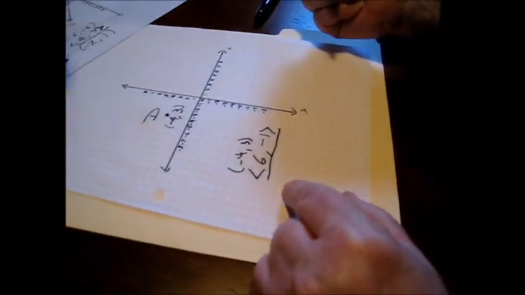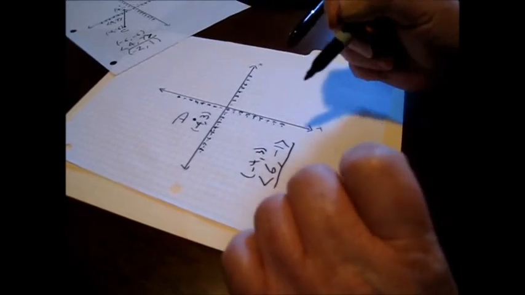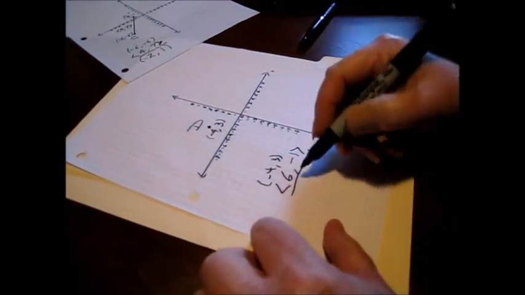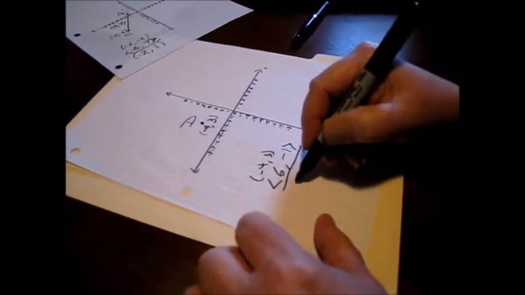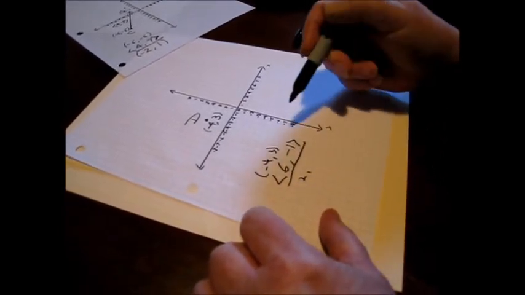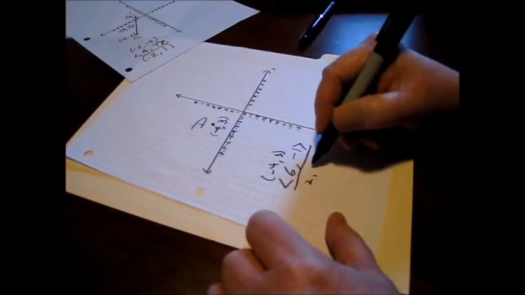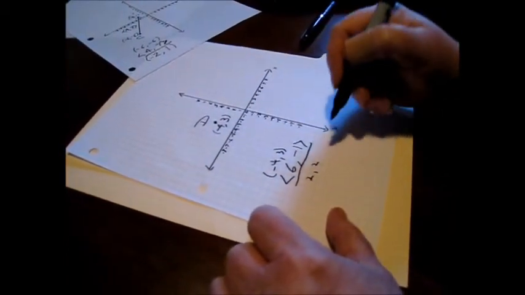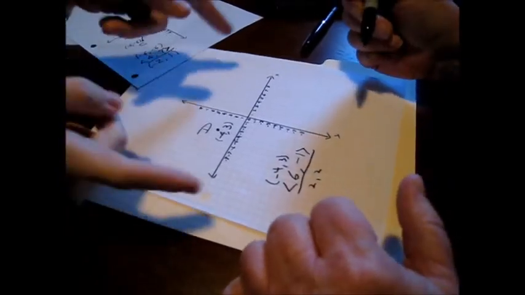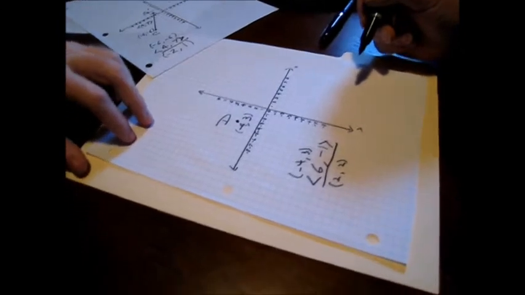Okay, so -4 plus 6 gives us a +2. So I just put 2, comma, and then a 3 plus -1 gives us another 2, right? Do I put anything around those? Yeah, let's put some parentheses around it because this is a new point. What you get at the end is going to be a point.